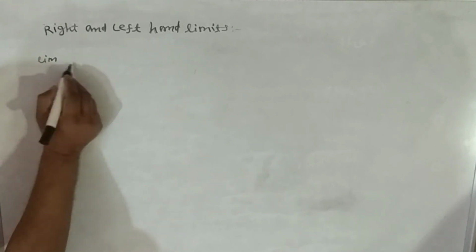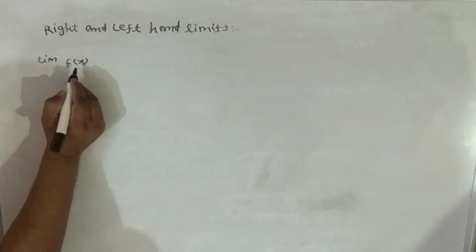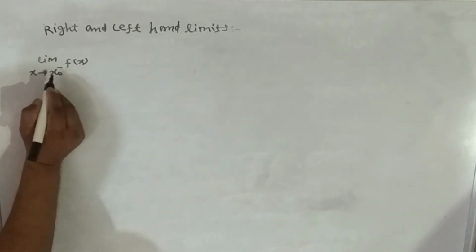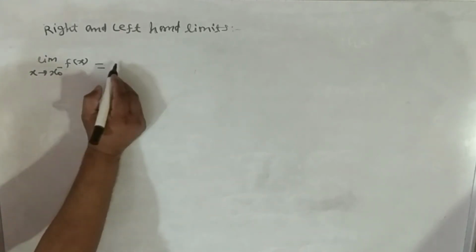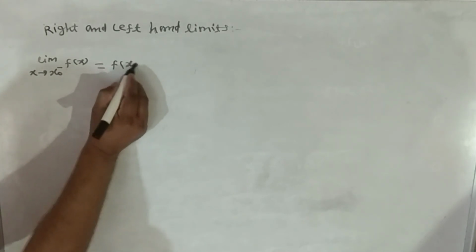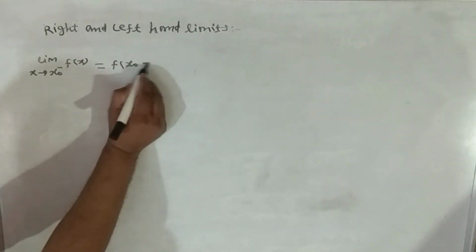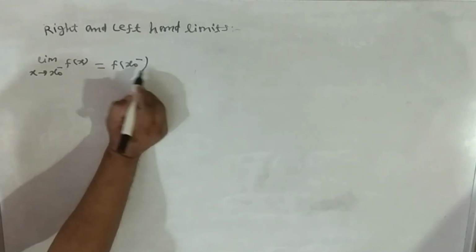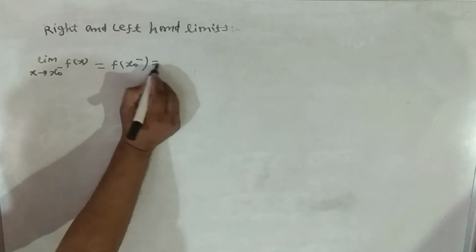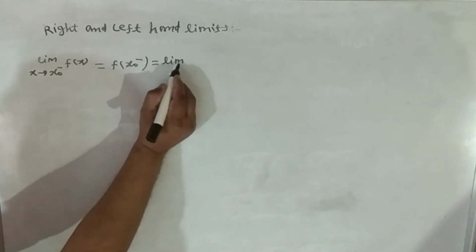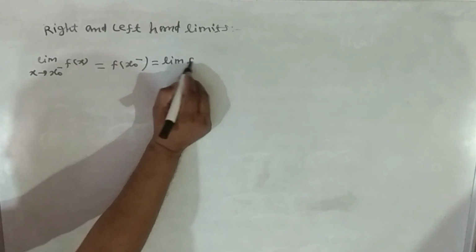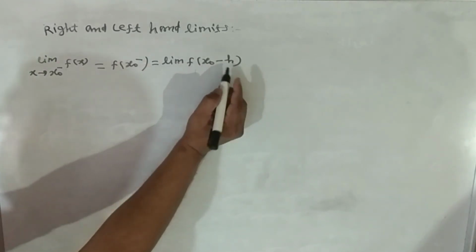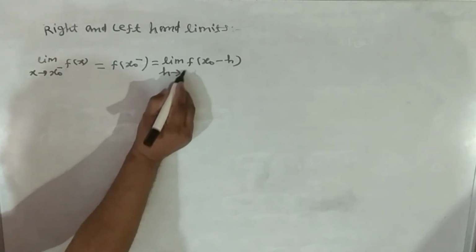The limit of a function f of x as x tends to x0 minus is equal to f of x0 minus, which equals the limit of f of x0 minus h as h tends to 0.